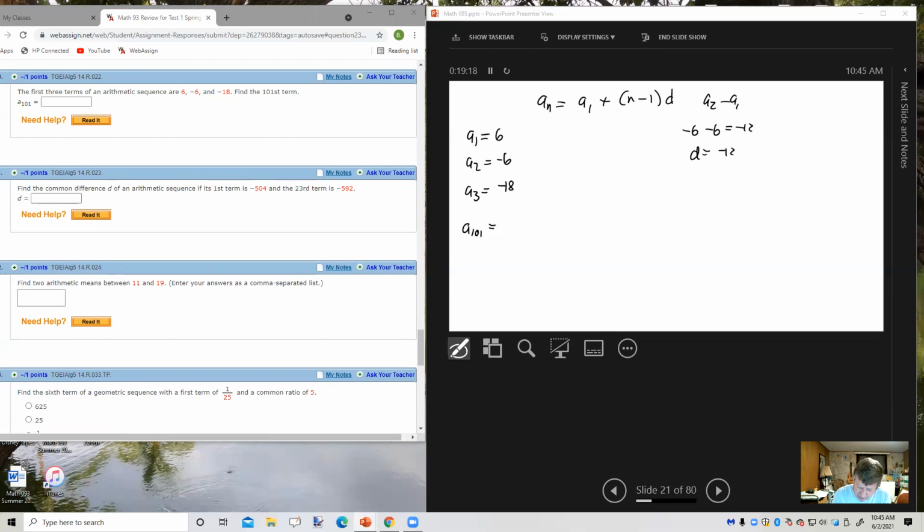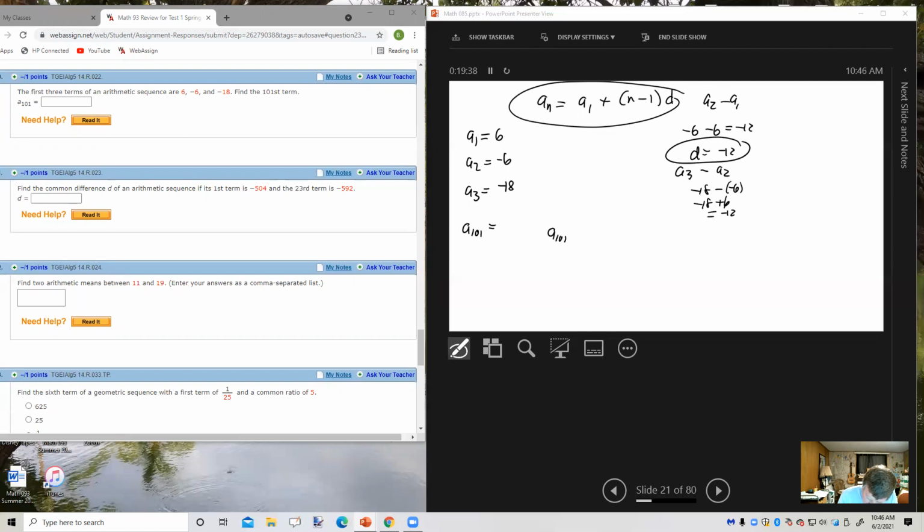Let's confirm that by taking a sub 3 minus a sub 2. That's negative 18 minus negative 6, which is negative 18 plus 6, which is negative 12. Okay, so we've confirmed that D equals negative 12. All right, so now we're going to use this formula.